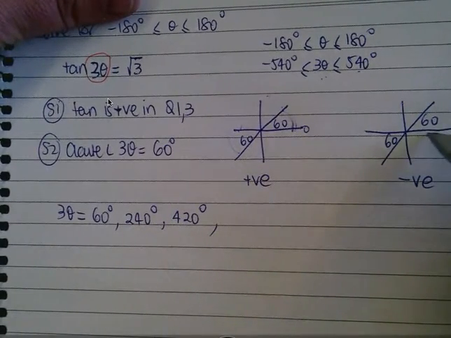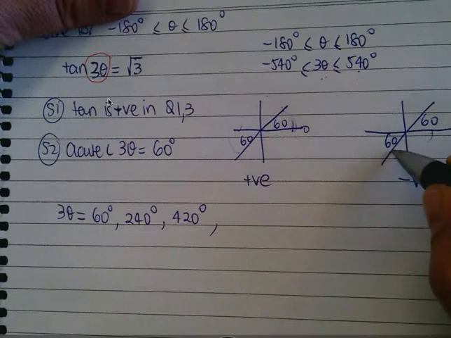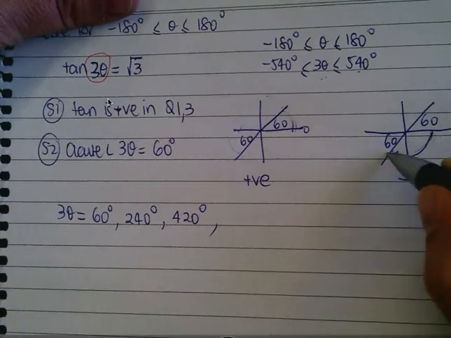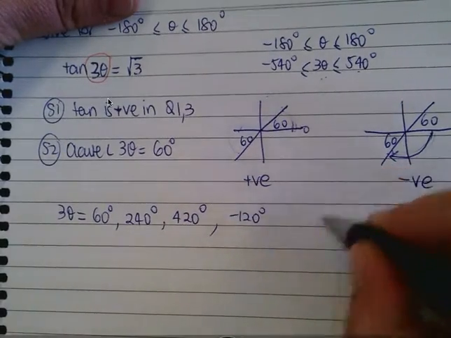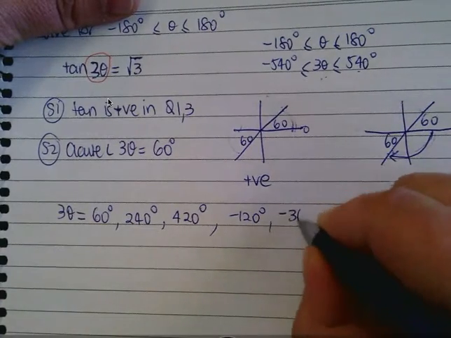Right, negative solutions. Ready? What's the first one? This way. Go. Good. Keep going. Negative 360.